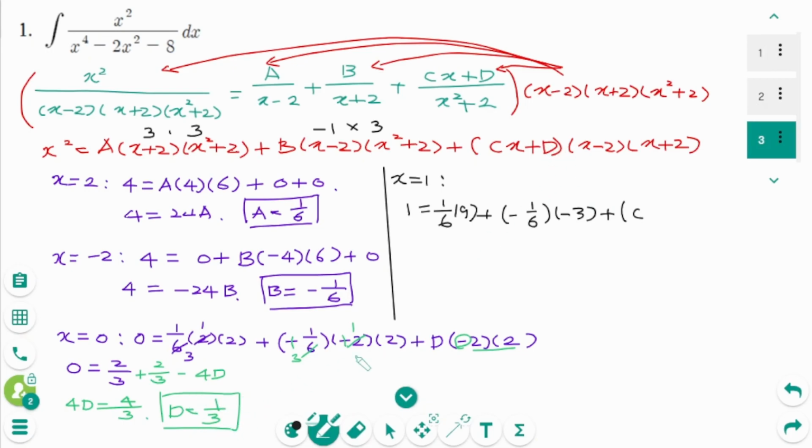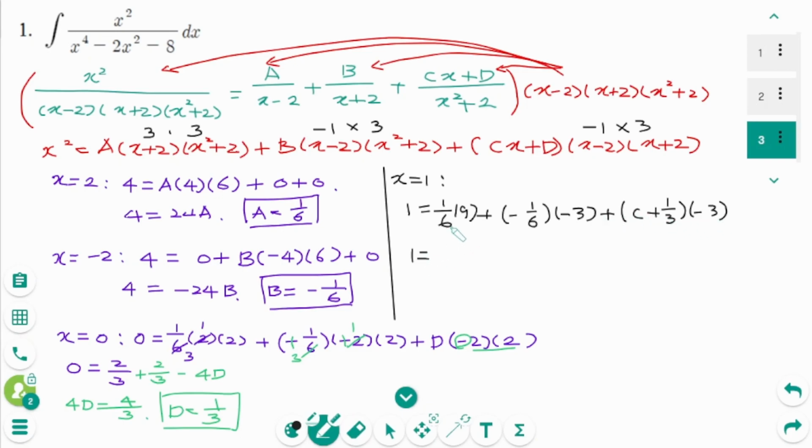Plus d, which is 1 over 3, times 1 minus 2 is minus 1, 1 plus 2 is 3, then minus 3.